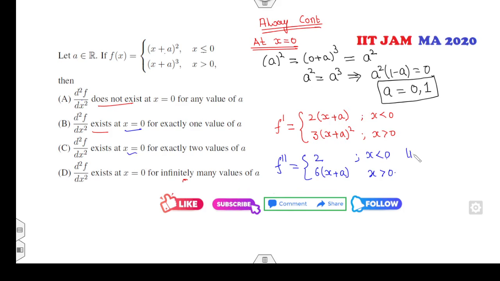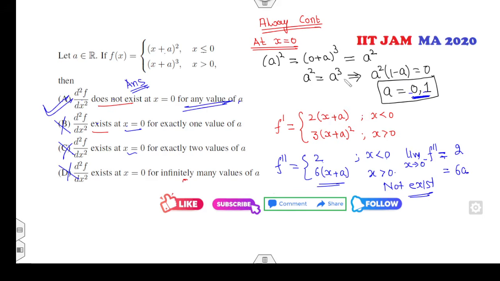As x approaches 0 from the left, f double dash will be 2. फाइन. क्या यहाँ पे 2 मिलेगी आपको लिमिट कभी भी? 6a आएगी ना इसकी लिमिट, but a has only 2 values 0 and 1, तो ये कभी भी एग्जिस्ट नहीं करेगा. Fine. So that means the second derivative does not exist for any values of a is the right answer.